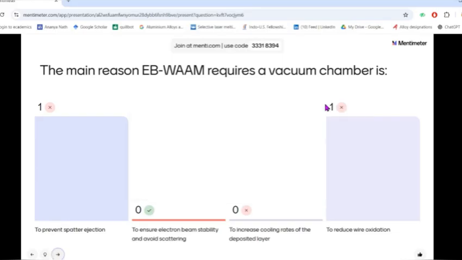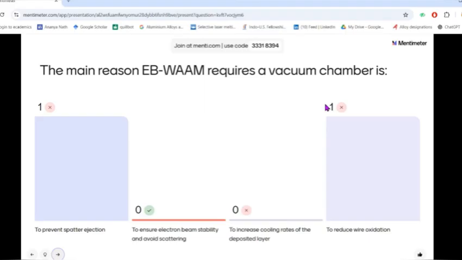Because any air particle like oxygen, nitrogen, carbon dioxide, everything will be heavier than an electron. So if the electron interacts with an air particle, it will get deviated from its focused path. So you will not get a very focused electron beam.